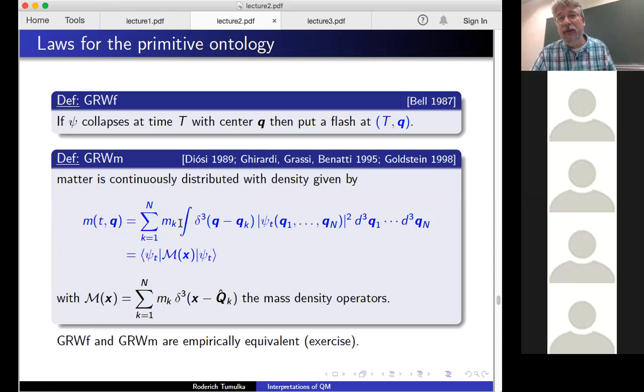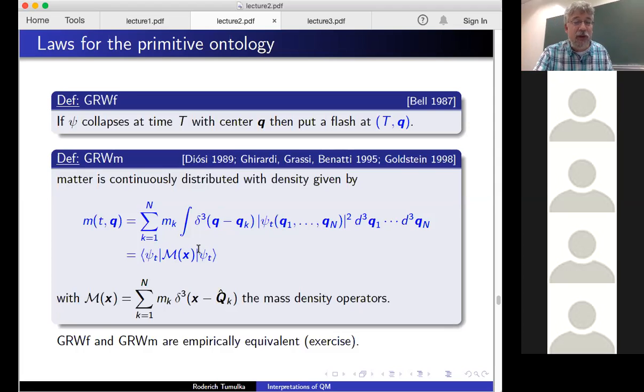But that's not determined mathematically. It's just one particular choice. This equation would be a law of the theory. The law says, whenever the wave function is psi, then the distribution of matter in 3-dimensional space is continuous with this particular density function.